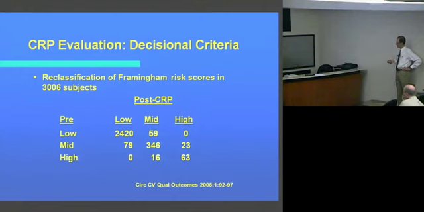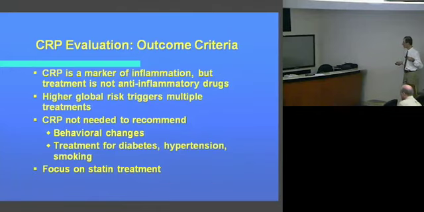This is actually not presented in the kind of way that I would like, where you break people out as to whether they developed an event or not, so you can assess these new accuracy scores. But there is some reclassification that goes on, and you can see that most of the reclassification is in the people who were intermediate to start with, which says that there's some targeting that maybe would be valuable in terms of using the CRP.